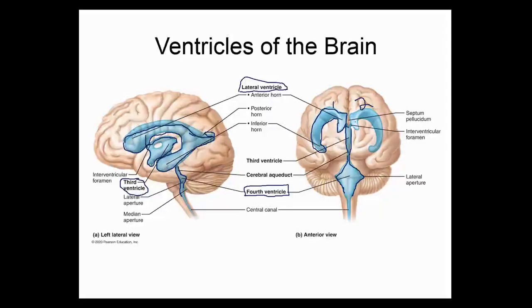So these are hollow spaces that contain our cerebral spinal fluid and make it. Now I'm just going to explain a little bit of how the CSF will move through the ventricles into the spinal cord, and then around the brain as well. Okay, so let's say we're starting in the lateral ventricle.